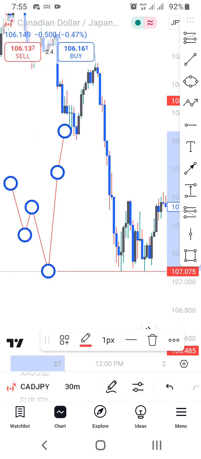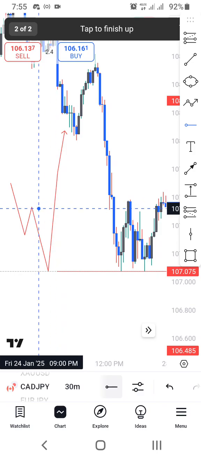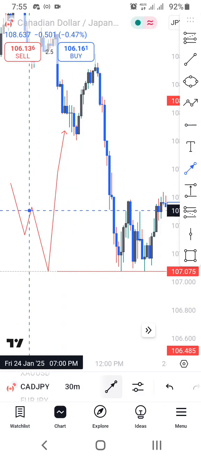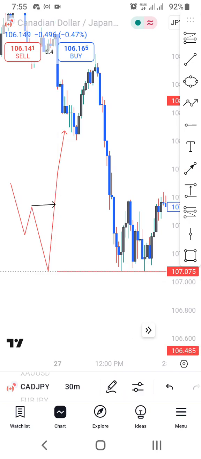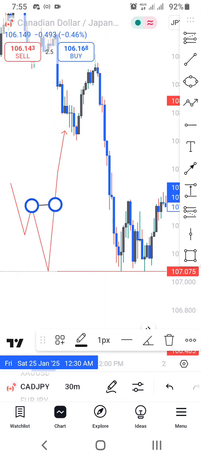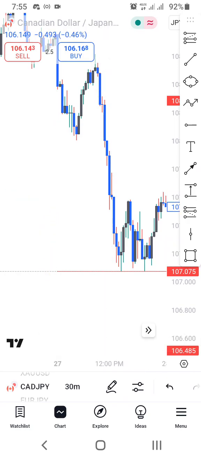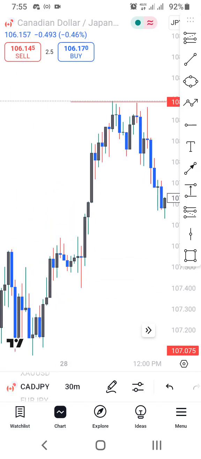So this is the shift, meaning it shifted from here. This is the shift I'm supposed to look for here, but I'm not seeing it. It's not here. So if it is not there, now we are supposed to look above on the high to see if there is any shift there.